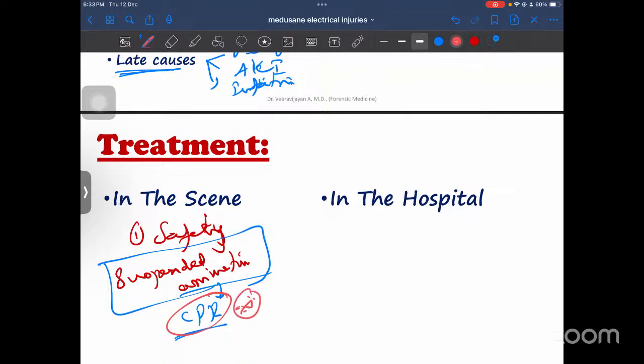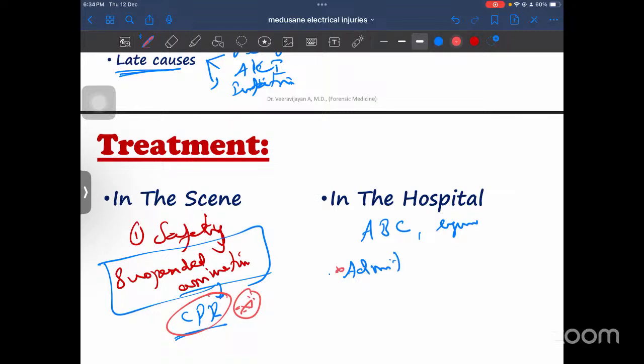That is the one point. Another thing is, in the hospital, we have to maintain ABC, airway, breathing, circulation, and we have to treat symptomatically. What are the symptoms? They say we have to treat accordingly. But the thing here I want to highlight is we have to admit the patient.